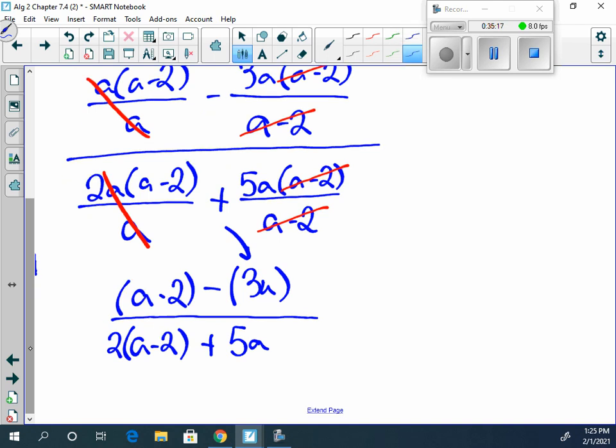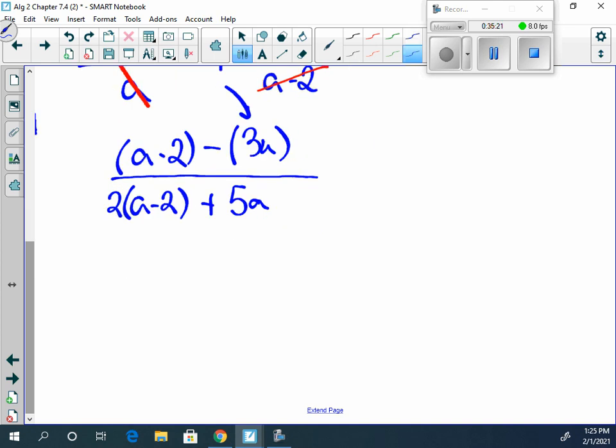Any questions on this here so far? Okay? Well, we can go on and simplify this here. So we have A minus 3A minus 2 on top.